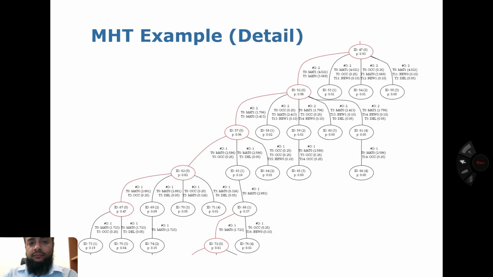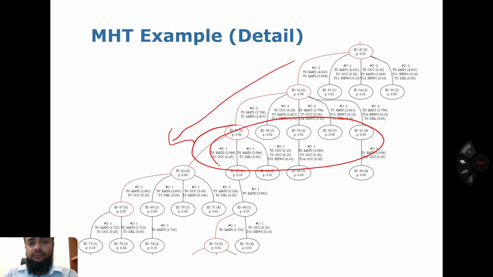For example, this has four hypotheses, then every hypothesis creates more hypotheses like this. So after every four scans, when we go down, we can apply the pruning, so we can delete a few of the branches so that we can reduce our calculation complexity.